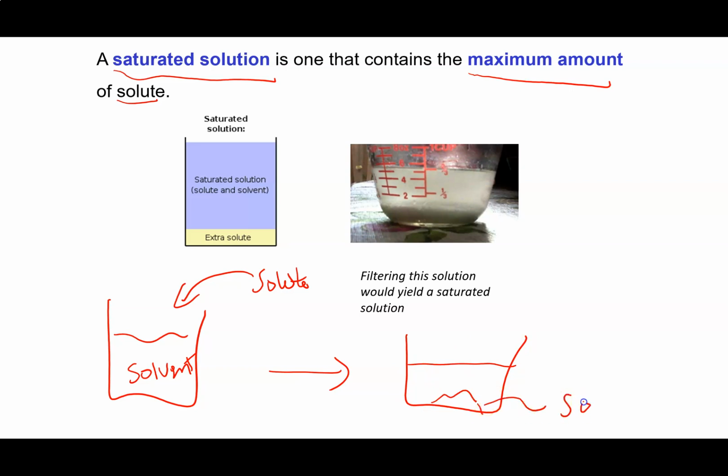So you have solute that is undissolved on the bottom, and then you have your solution above it. And that solution has the maximum amount of solute in it, and that's called a saturated solution.